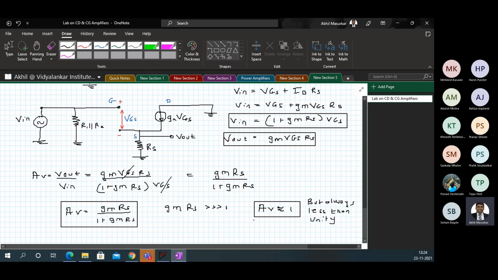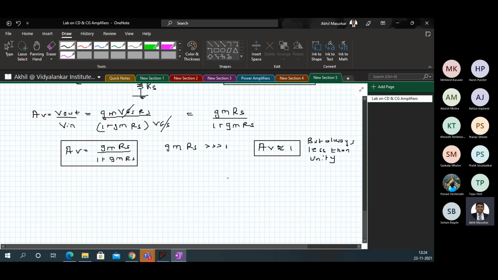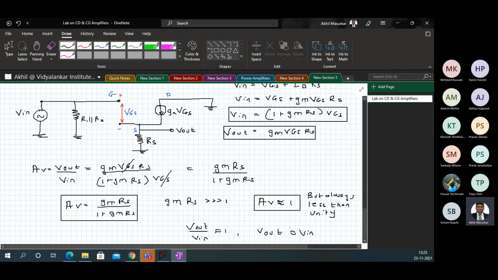Now if AV is almost equal to 1, it means Vout by Vin is almost equal to 1, which means Vout is equal to Vin.